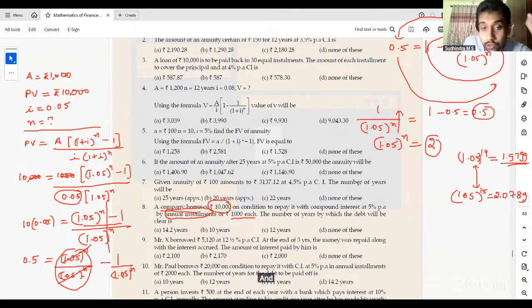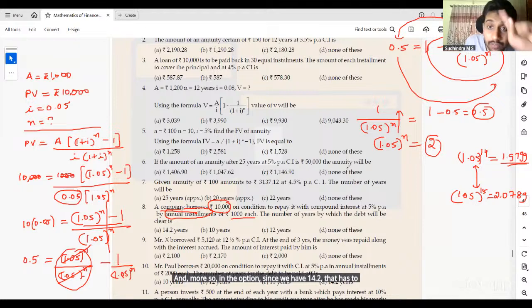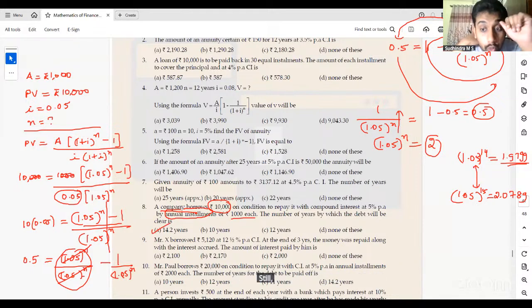Since we have 14.2 in the options, that has to be the answer. Even if I had 14.7 years, I would still have gone with 14.2. Why? Because 2 is nearer to 1.97 than to 2.07.